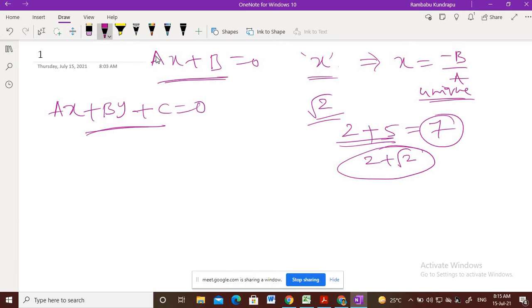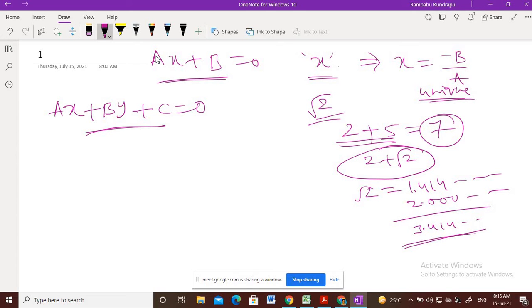If you want to write exactly, root 2 is approximately 1.414, so adding 2 gives 3.414. This is the exact number, you need not write it in decimal. 2 plus root 2 is one number. Okay, sir. So finally ax plus by plus c is equal to 0 is the general form of a linear equation in two variables.